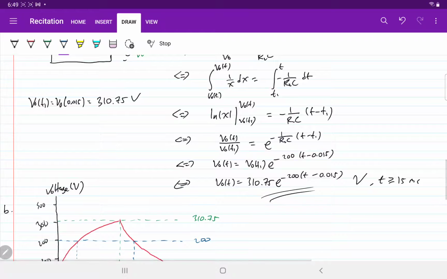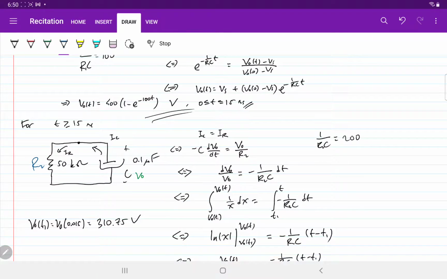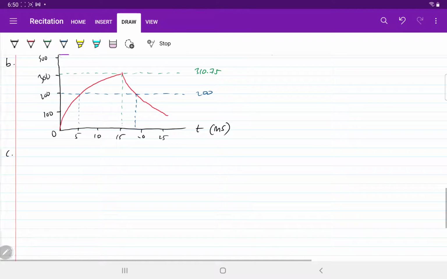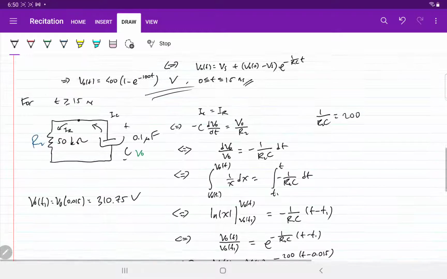To find it, we can simply substitute. First, consider the first equation here, for t between 0 and 15 milliseconds, as opposed to the equation for t greater than or equal to 15 milliseconds.